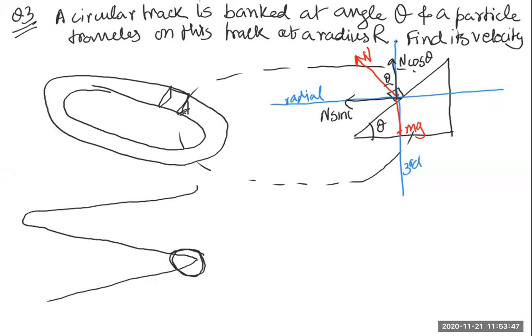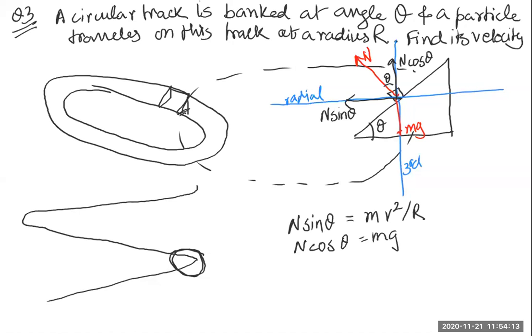You see, it is the component of normal reaction along the radial axis which is responsible for the circular motion of this object. So we get N sin theta is equal to mv square by r. N cos theta is equal to mg.